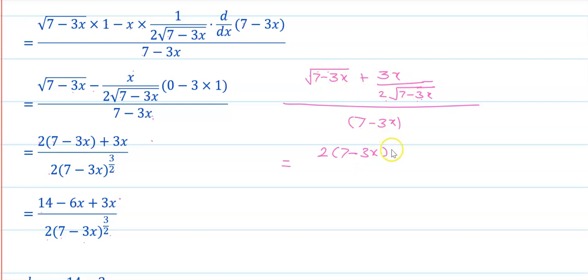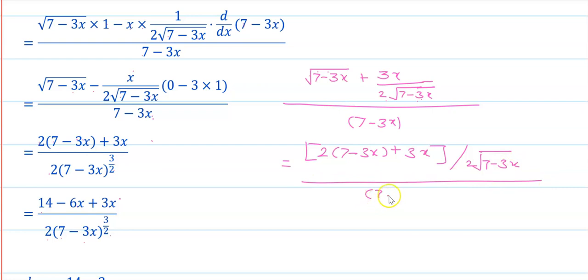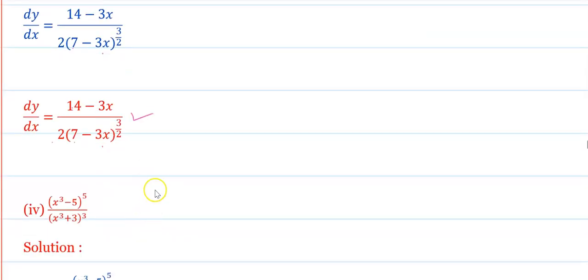Root sign will get cancelled plus 3x and this whole divided by root of 2 times root of 7 minus 3x upon here is a 7 minus 3x. Okay. And then that is a 2 in root of 7 minus 3x and this power 1, and that overall it will become 2 times 7 minus 3x raised to 3 by 2. Okay. And this is the answer.